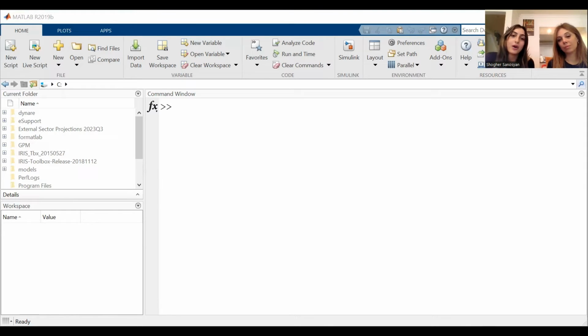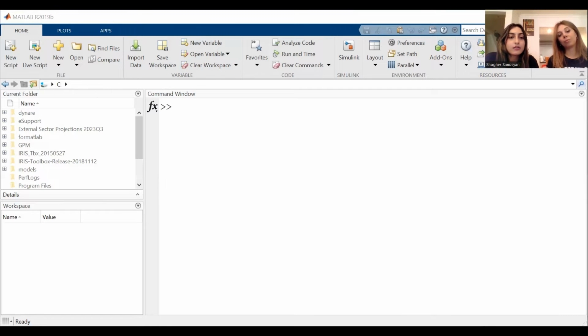So let's talk about the tools we will be using. We will be working with Dynare MATLAB, as Diana mentioned. When we say Dynare MATLAB, we mean that we will be using the Dynare front end to execute and develop applications that are supported by Dynare MATLAB. We prefer the standard setup of MATLAB.